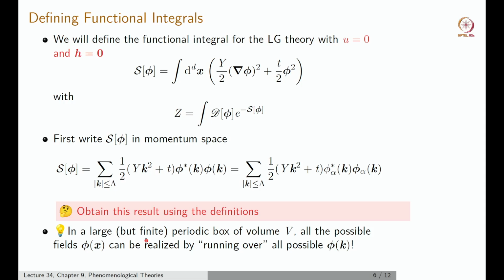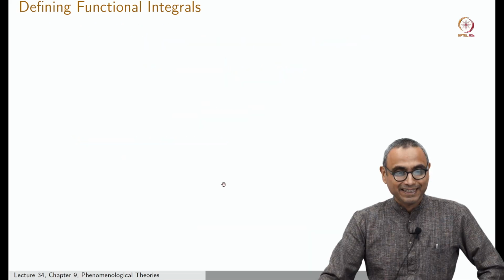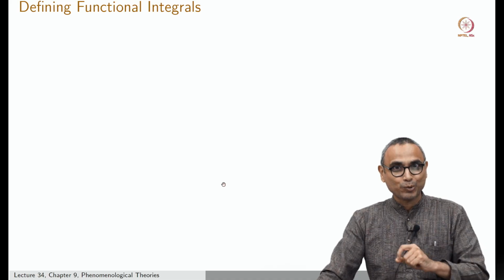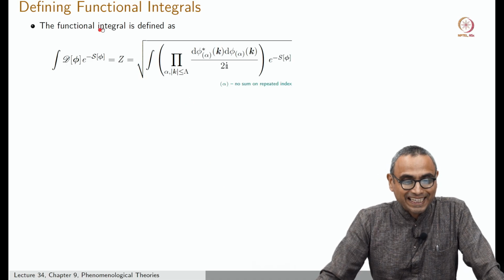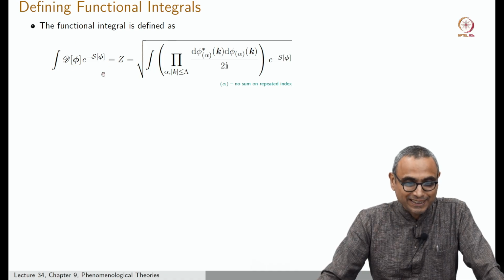If I vary all possible values of phi k, then I will be able to visit all possible functions, right? So that is our clue to defining the functional integral. The functional integral is defined as this quantity; don't worry about the square root, I'll explain it in a minute.